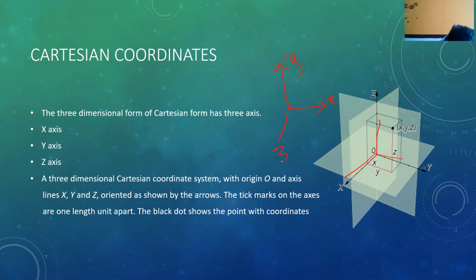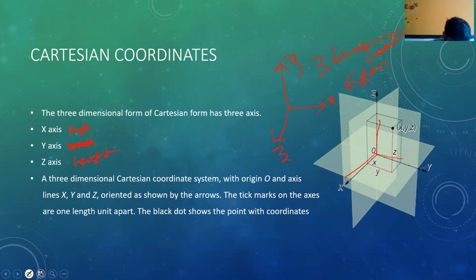The x-axis can generally be taken as length, the y-axis as breadth, and the z-axis as height.